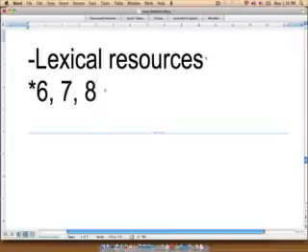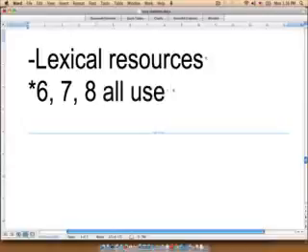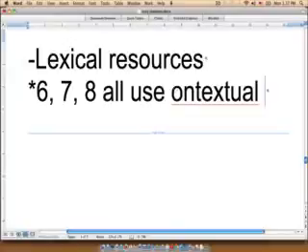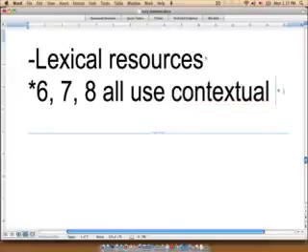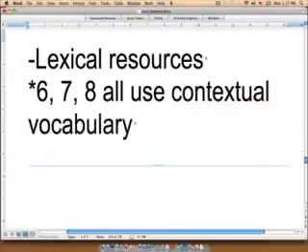writing all use contextual vocabulary. Okay, now what does contextual mean? Contextual refers to words that are relevant for the topic.